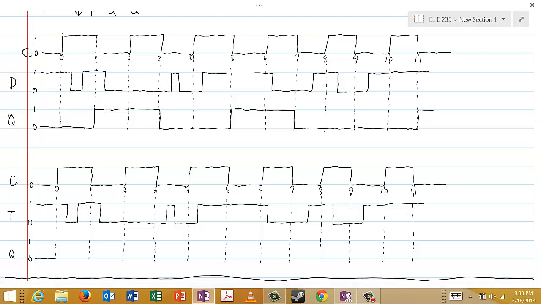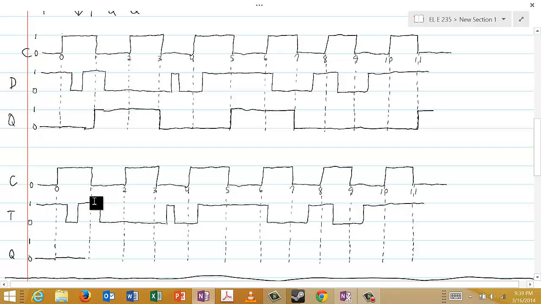Okay, so now for our final example, we're now considering this to be a negative edge triggered T flip-flop, and so that being the case, we want to look at the negative edges of the clock signal, which is at t equals 1, 3, 5, 7, 9, and 11.